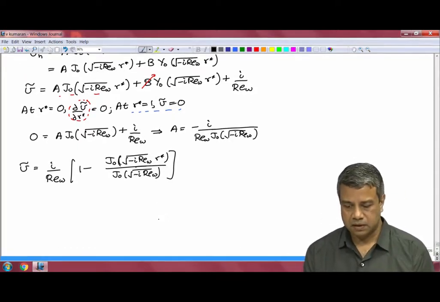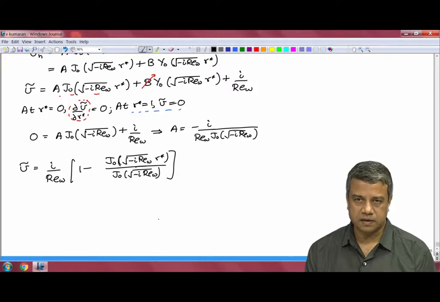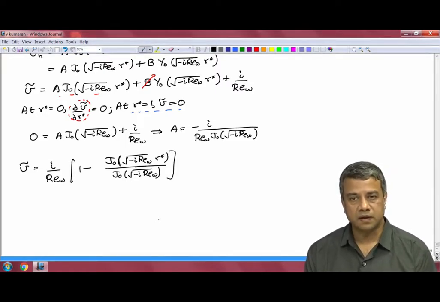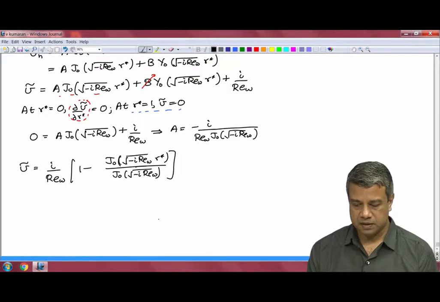You can see that it is a complicated complex function which contains the Bessel function of a complex argument.